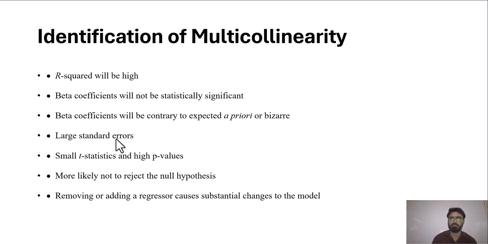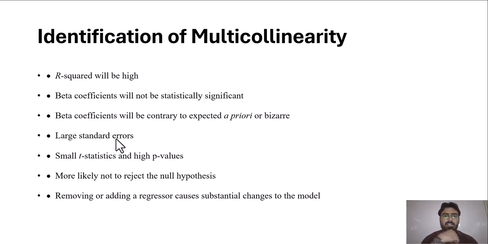So if you see in your regression results that one variable has a very low standard error and other variables have very high standard errors, this may indicate an issue of multicollinearity.